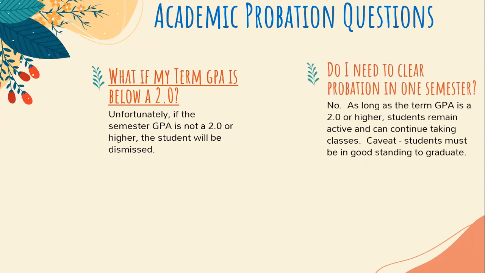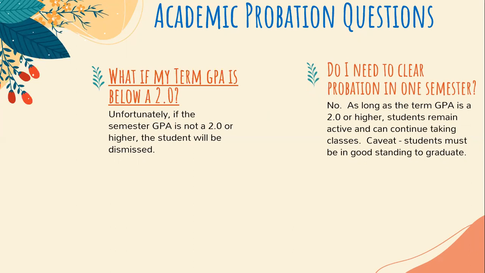Another question that we get frequently is whether or not probation needs to be cleared within 1 semester. And the answer to that is no. As long as that semester term GPA is a 2.0 or higher, students can remain active and continue taking classes towards their degree progress.